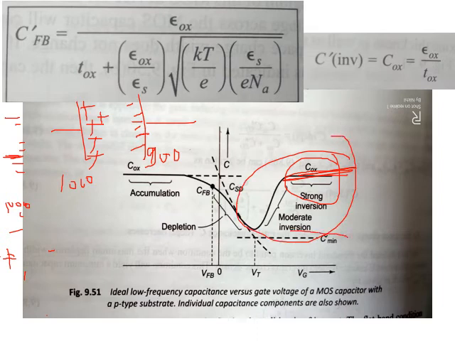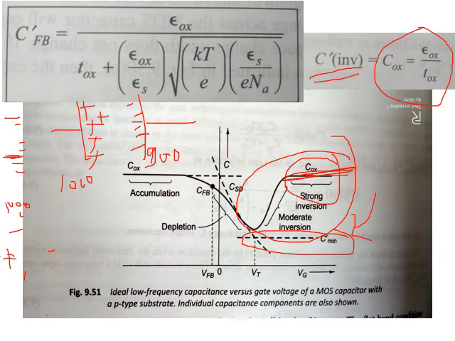But in high frequency, there is no inversion because the charges don't get time because of the quick change in the voltage. So in the inversion mode, we have again the same formula, COX equals epsilon OX by TOX.